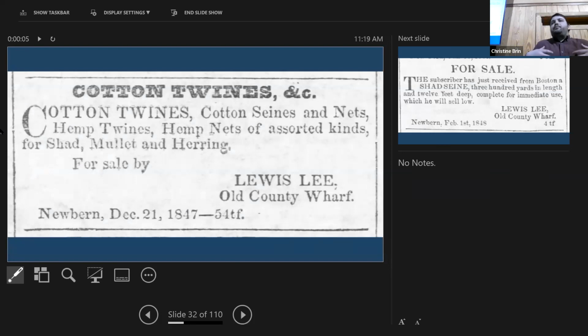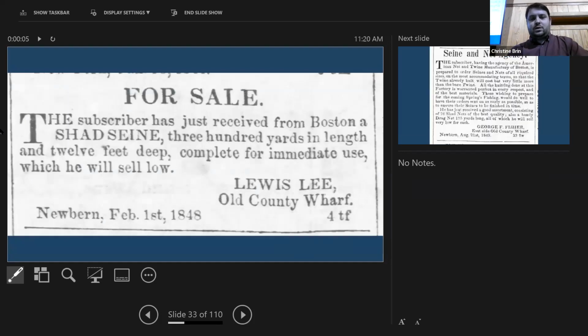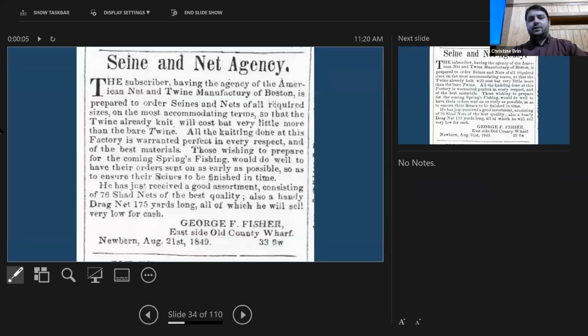So as the commercial fishery is coming about in the Neuse River and it's progressing and these things are getting bigger, you're seeing people popping up to support the commercial fishing industry. They're selling equipment to the fishermen, like Lewis Lee here, 1847. This is probably one of the first ads for nets that pops up in New Bern. 1848, he's got a big shad seine that's manufactured in Boston that he's selling off.